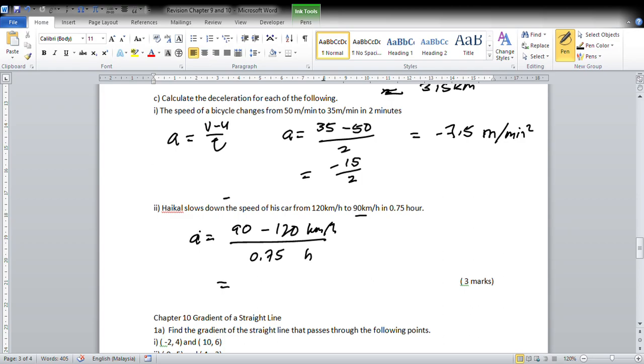So you will get the answer negative 40 km per hour squared. You can write it as a fraction, or with indices. So that's it for question 2.